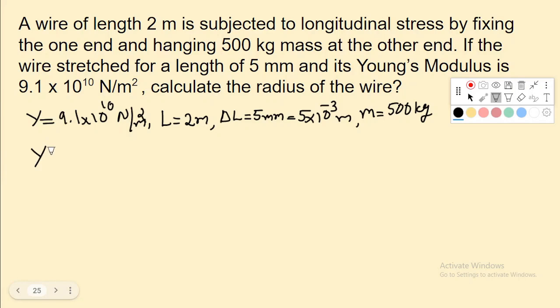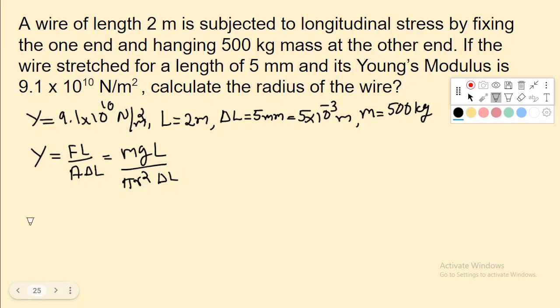So let us write the expression for Y, that is Y is equal to FL divided by A delta L, where F is equal to mg, so Y is equal to mgL divided by pi r square into delta L. From that we can write the expression for radius.